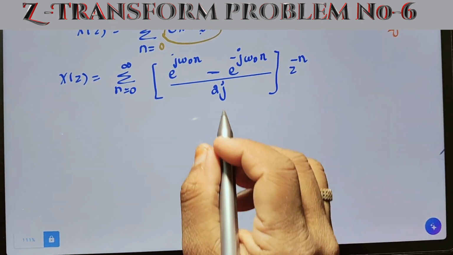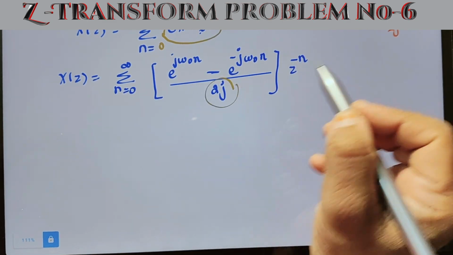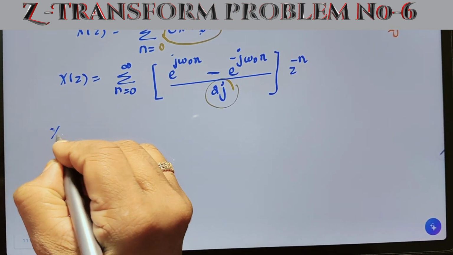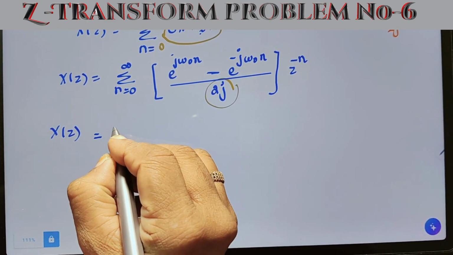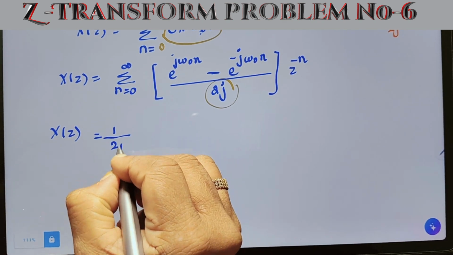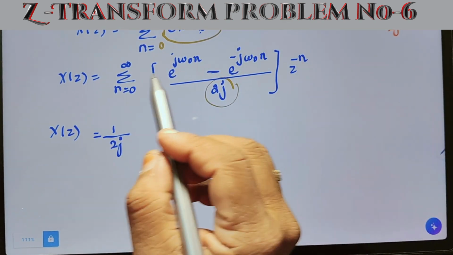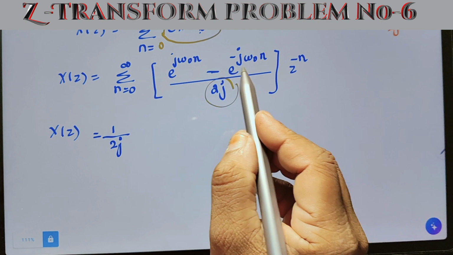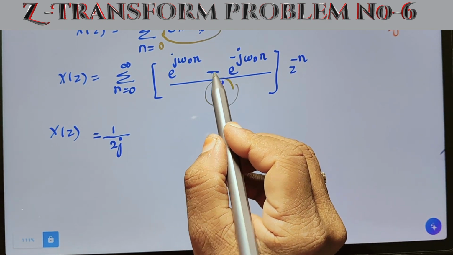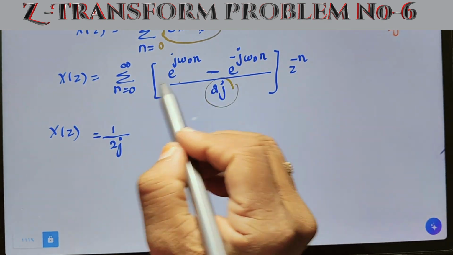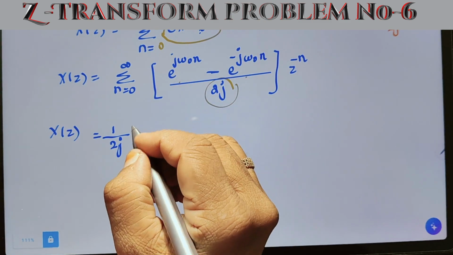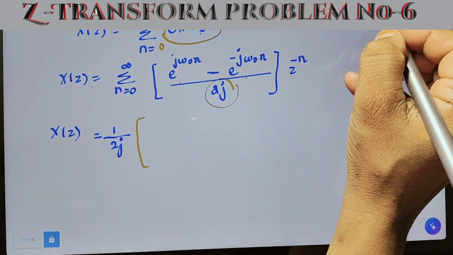For the next step, take 2j as common outside. So X of z equal to 1 by 2j, then this summation term is common for both terms: the summation of the first term minus the summation of the second term.